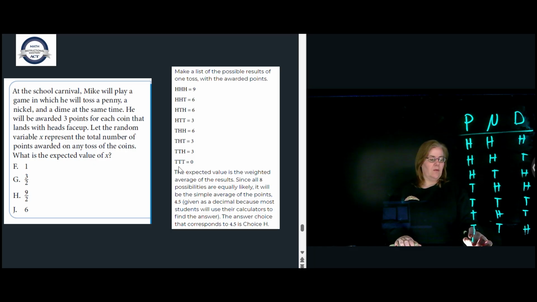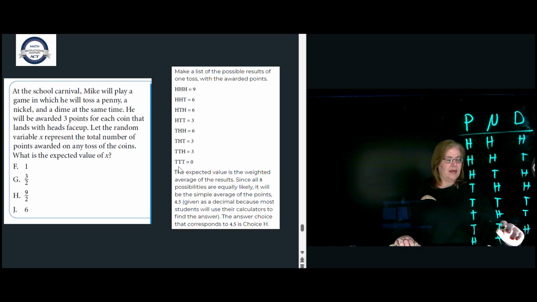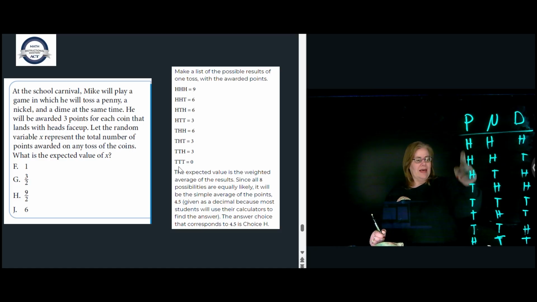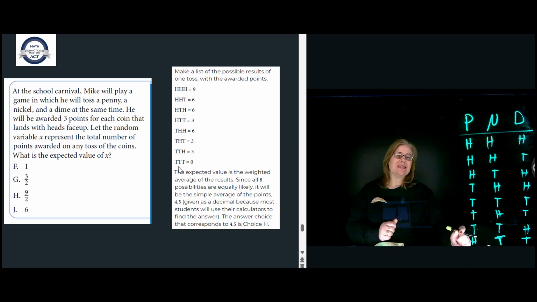Oh, and then I can do a head, a tail, and a tail. So you've got to make sure that you have all of your possible answers. Heads and tails, heads and tails, heads and tails. Yes. So I have 8 possible choices to look at.